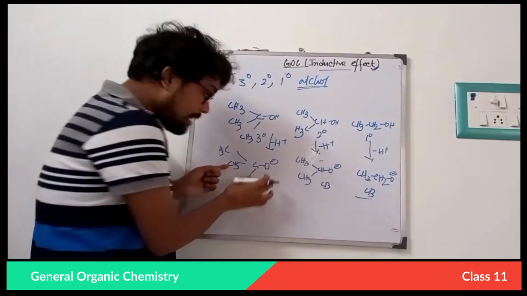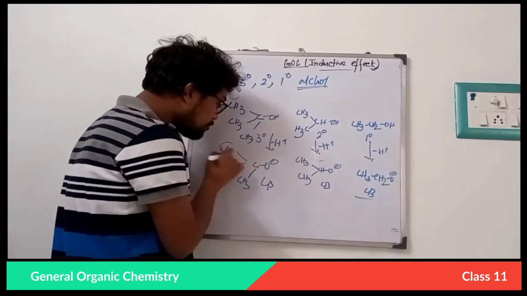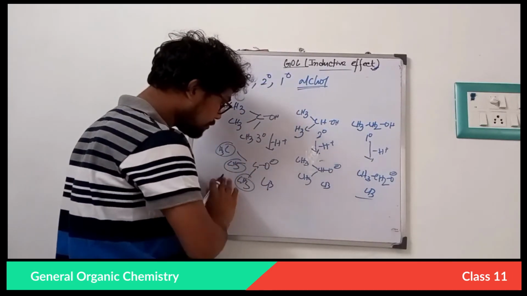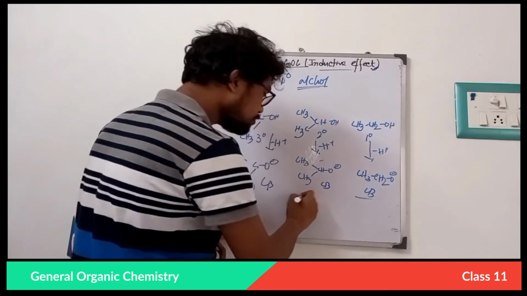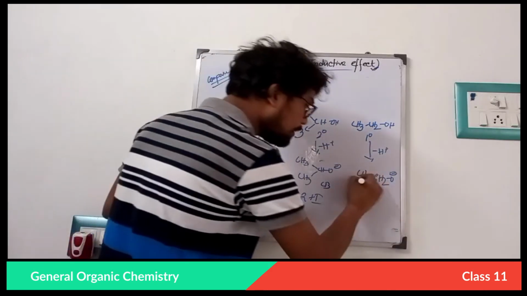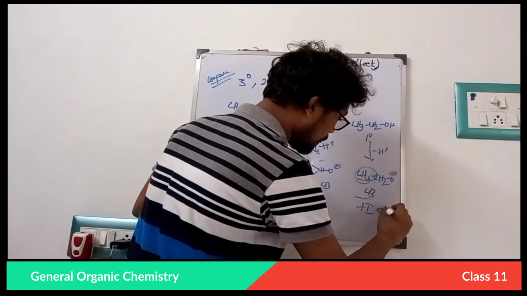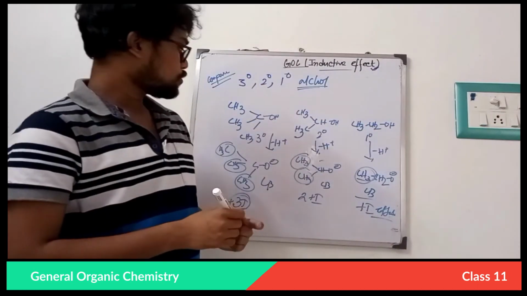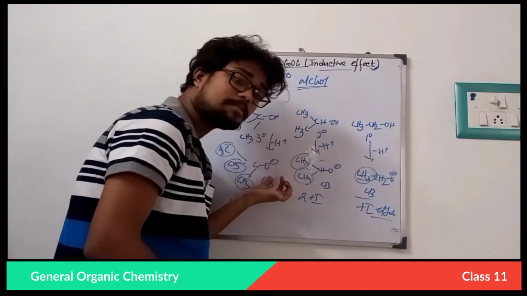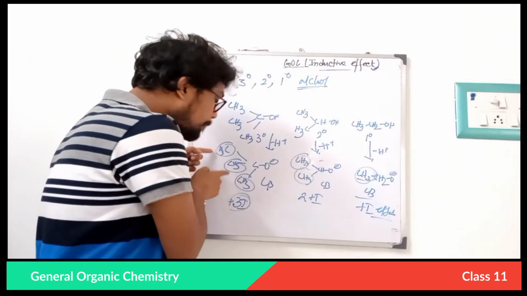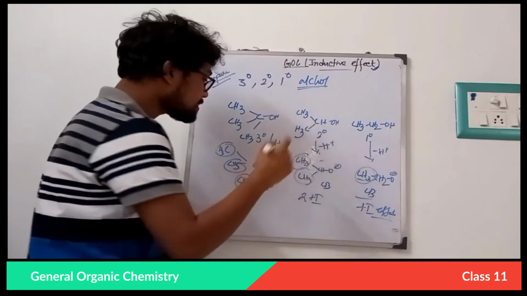Now, in the tertiary group, there are 3 R groups, so 3 plus I effect. Here 2 plus I effect, and here only 1 plus I effect. So what happened? This is a negatively charged species, and I have told you the more the plus I effect, the more unstable this negative charge.